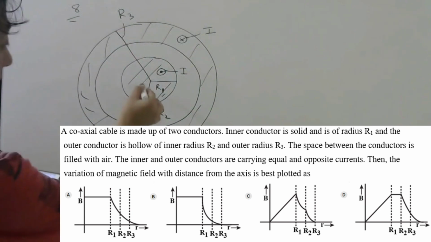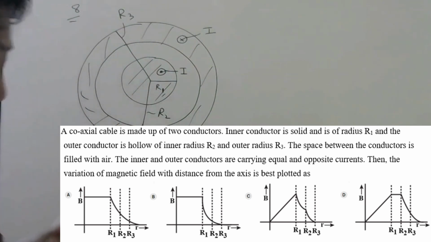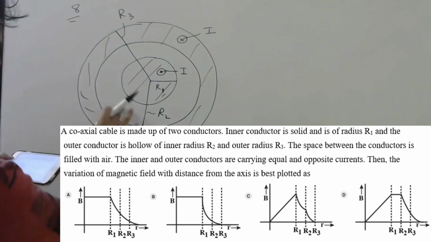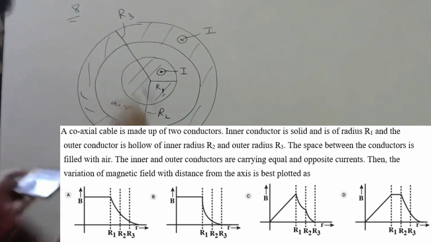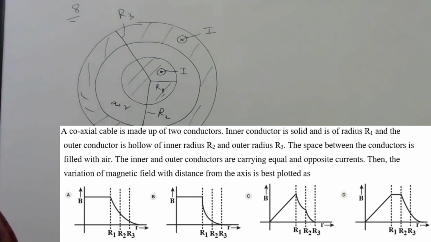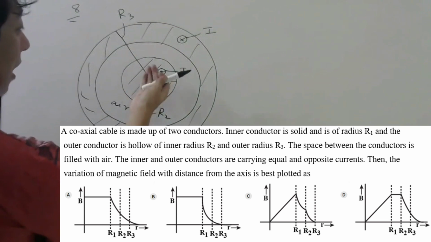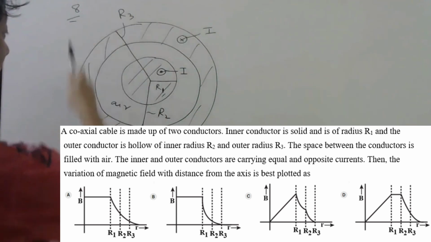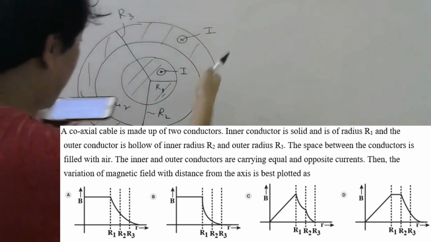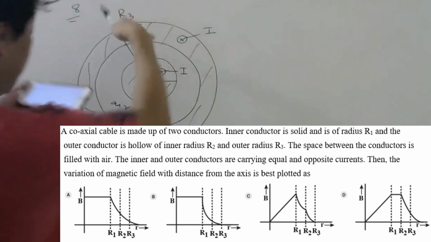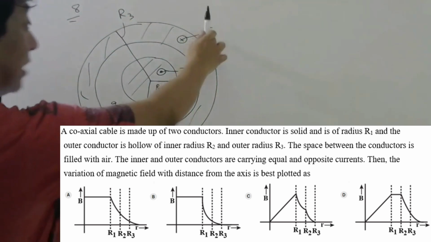So this is one conductor, this is one conductor. The space between the conductors is air. Then they are saying the inner and outer conductors carry equal and opposite current. So if this conductor carries I current, this conductor carries I current this way, everywhere. Total current is I, let us assume.